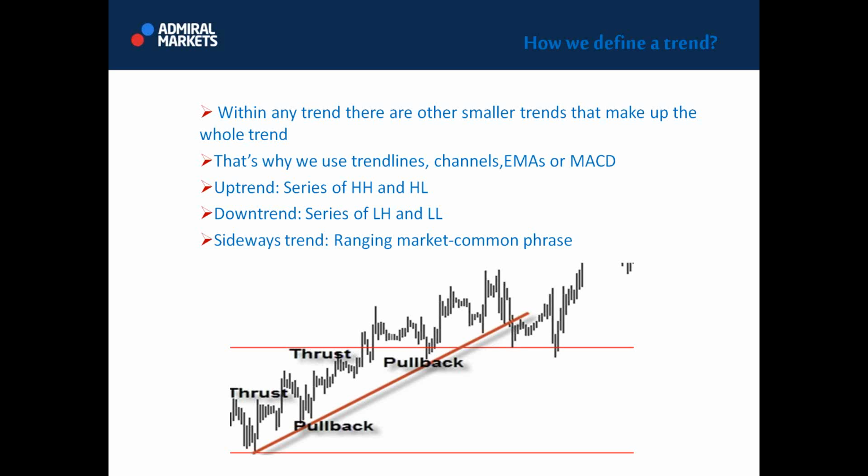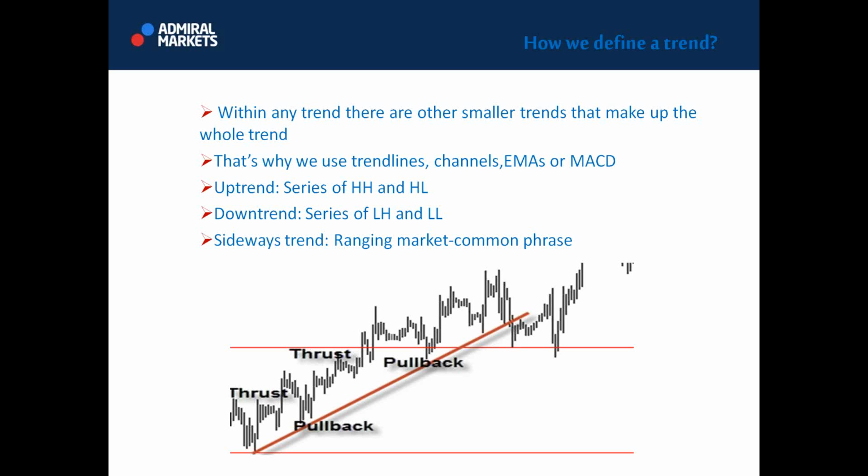There is also an indicator called zigzag, which will draw lines to define peaks, lows, and bottoms, but you don't need that. You just need to see it with your naked eyes. So thrust pullback is a trend. In this picture, this trend is made by other smaller trends that make up the whole trend.